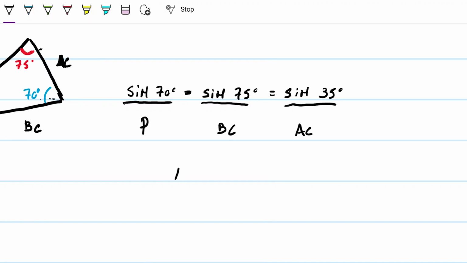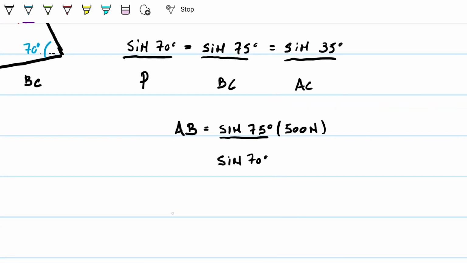My AB will be the sine of 75 over the sine of 70 times my P, which is 500 newtons.